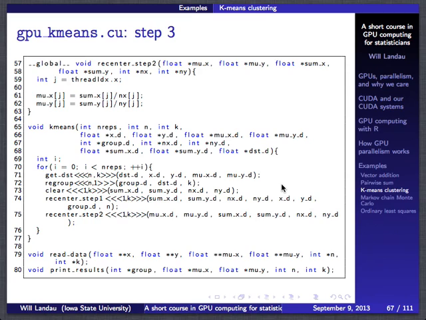Here where I call my kernels, n is the number of points and k is the number of clusters. I'm calling this kernel with n blocks and k threads per block. I'm calling this with n blocks and 1 thread per block. Again, that actually doesn't change from iteration to iteration.